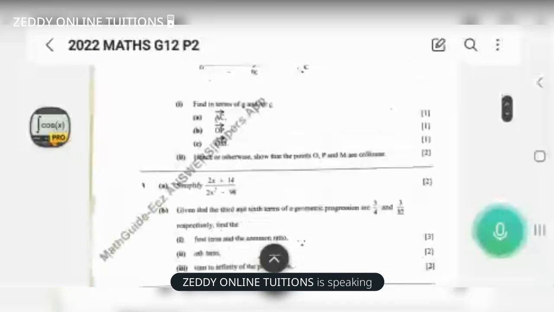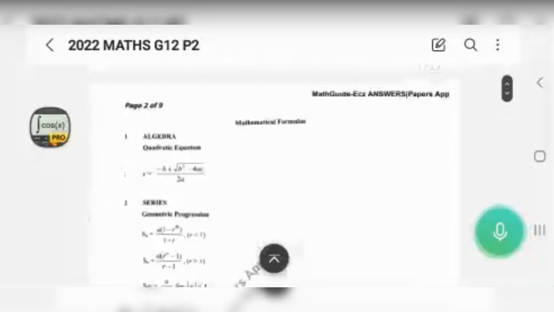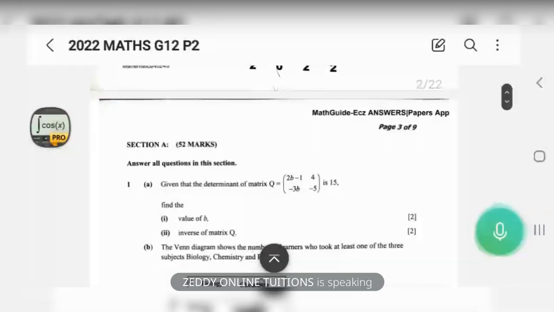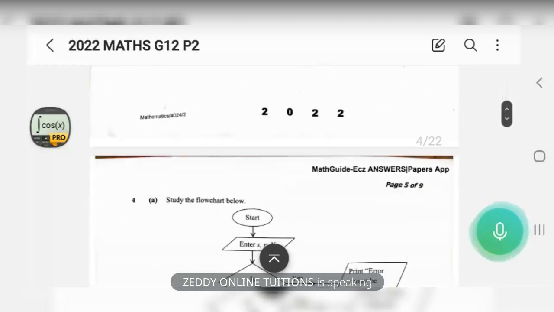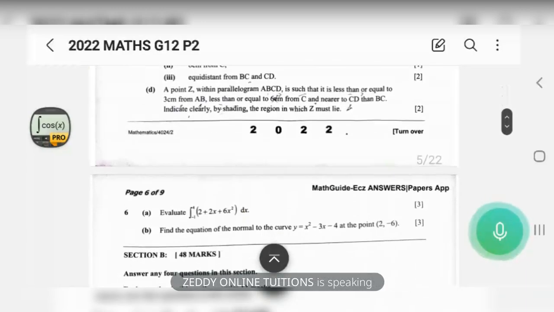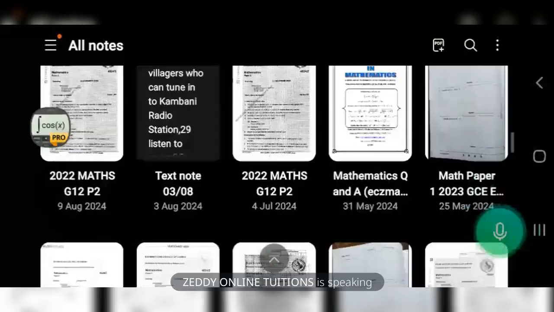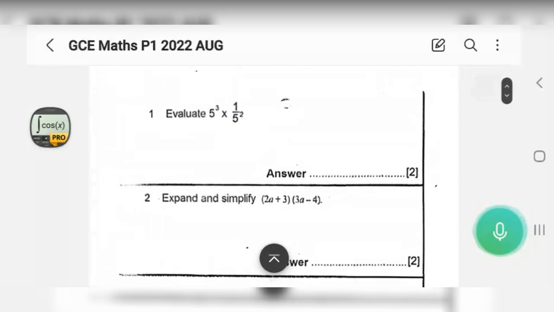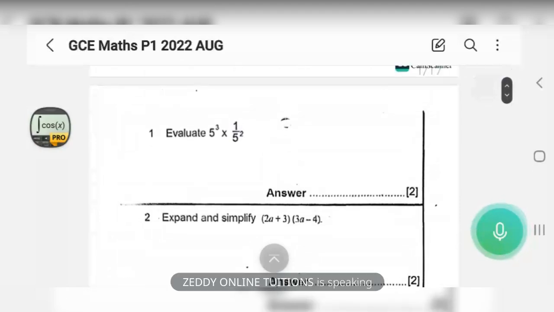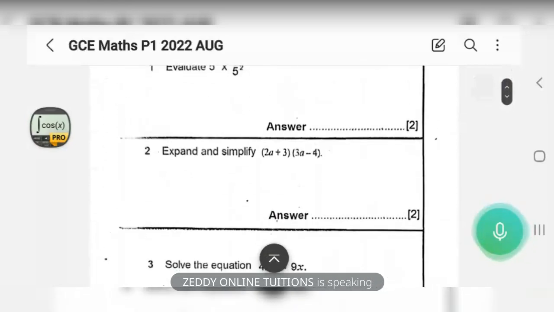That's algebra. There's nothing here. Let me say this one, this one, this one. Okay. Sure. I should find something. 2022 August. Let's see. But anyway, let me give you one of these three questions.